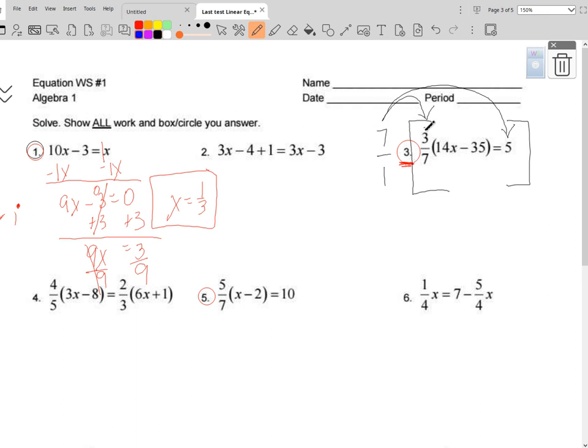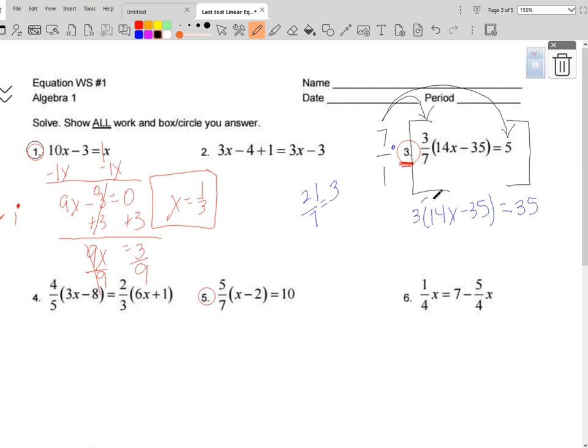So 7 times 3, that's 21. 1 times 7 is 7. What is 21 divided by 7 simplified to? 3. And you also could see that they will cross cancel here because we're multiplying, right? Top times top over bottom times bottom. So we're going to have 3 times 14x minus 35 equals 7 times 5, which is 35.